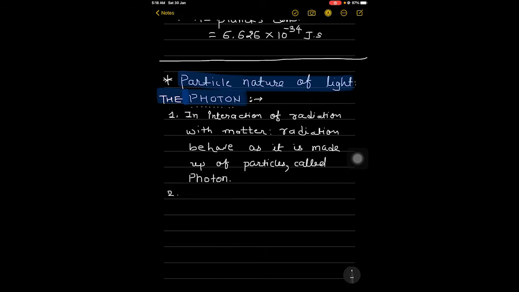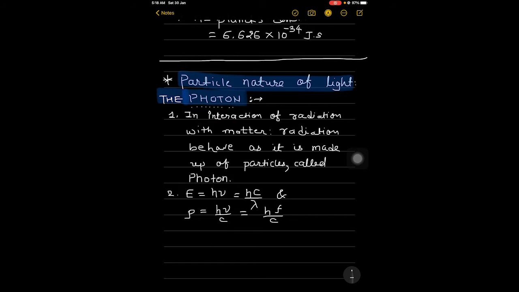Each photon has energy E that is equal to h nu, or it can be written as hc over lambda, where c is the speed of light, and each photon has a momentum p equal to h nu over c, or h f over c.